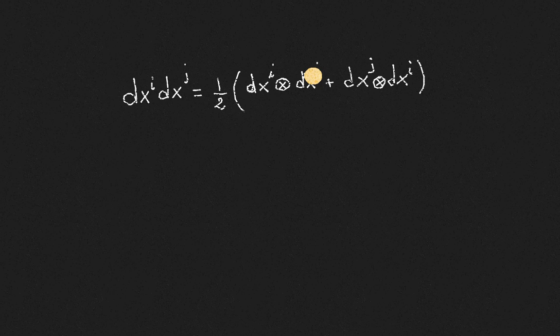Bear in mind, this is not a differential form, okay? A differential form is alternating. So if you exchange the two differentials, you get minus the original one. So in case you're wondering, this is not a differential form. It's the symmetric product of two differential forms, which is a symmetric bilinear form.